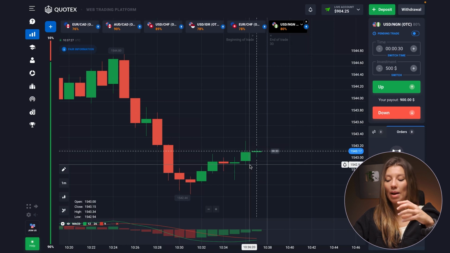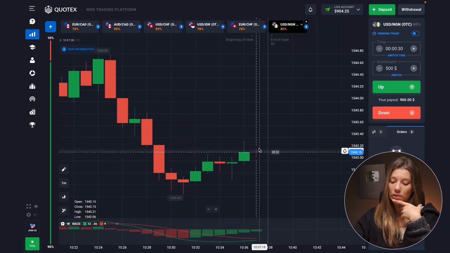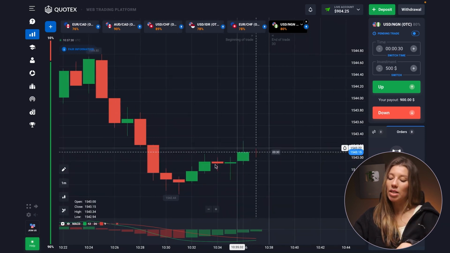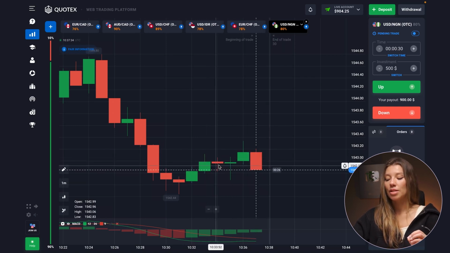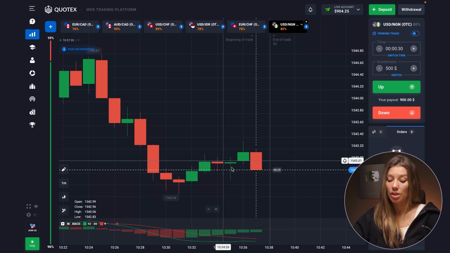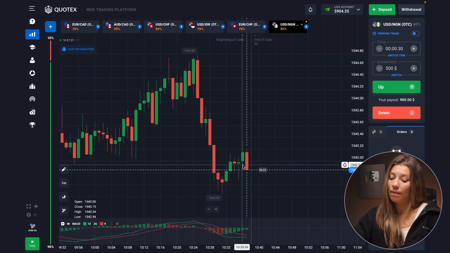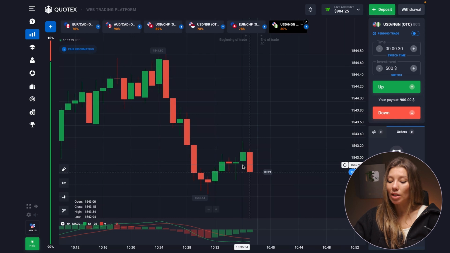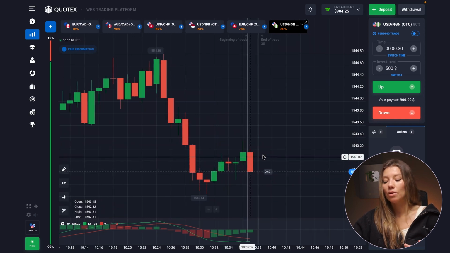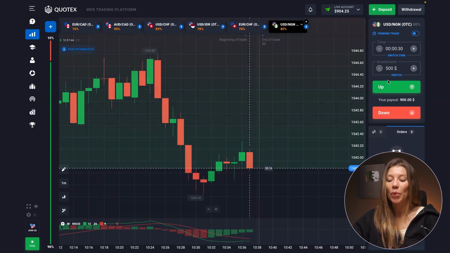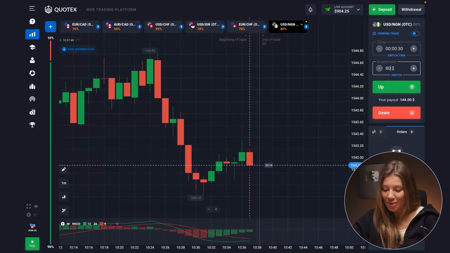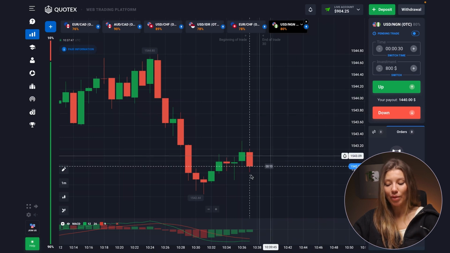So what I'm going to do next, I will consider the growth of the quotations while having small nuances with the red dojis, and I can see that the correction is going to go a little bit over, so I'm going to use $800 here. First of all, when I've changed my investment, I'm going to work with the greens.